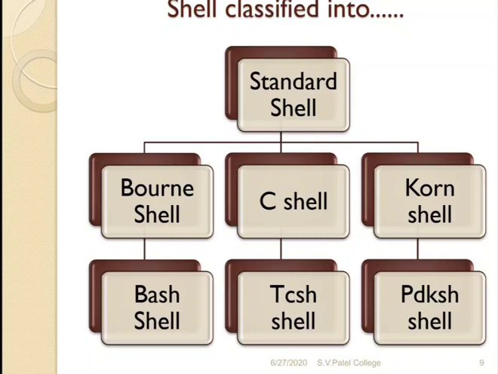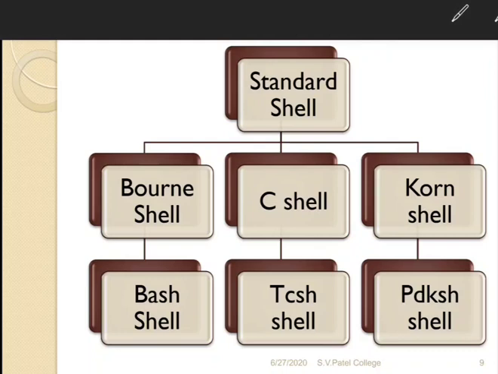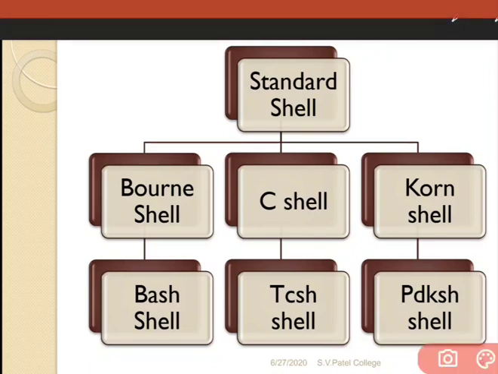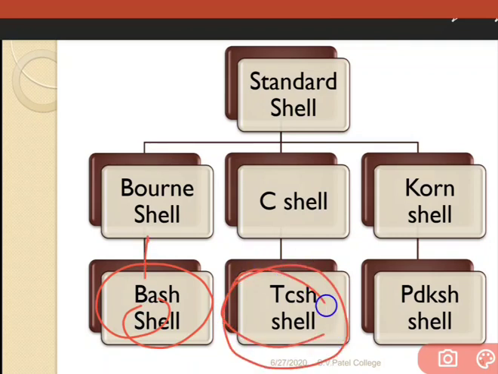Out of these three basic shells, some extended features were included and new versions of the shell were established. The Bash shell is derived from the Bourne shell, the TC shell is derived from the C shell, and the PDKSH shell is derived from the Korn shell.